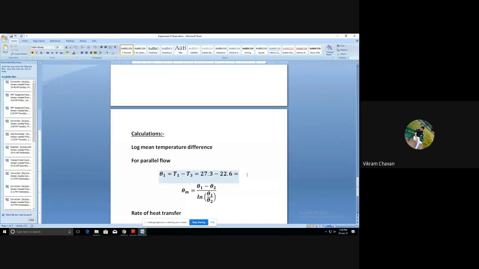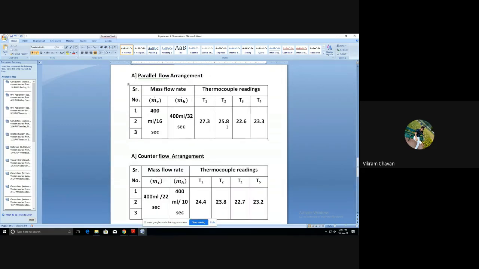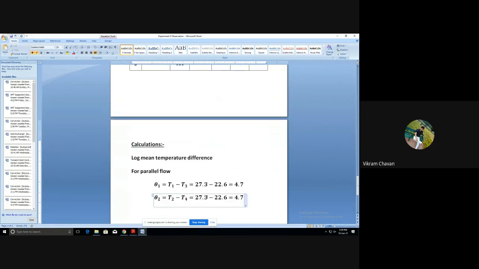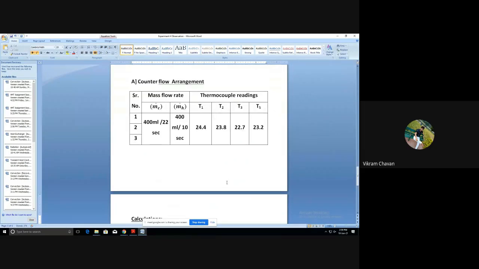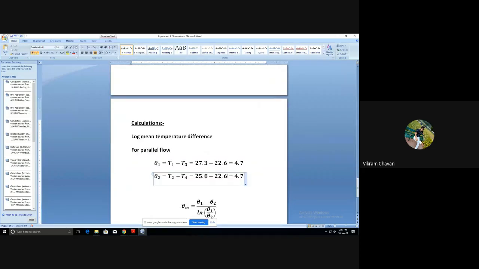It is 4.7. In a similar fashion, theta 2 is equal to T2 minus T4. T2 is 25.8 and T4 is 23.3.